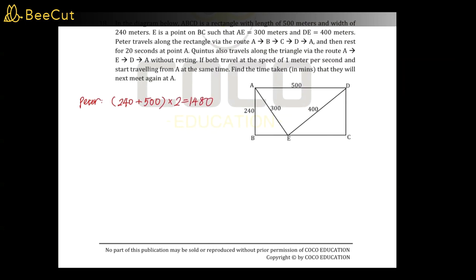Then after that, he took a 20-second rest. So 1480 plus 20. Of course, this is divided by 1 because it's 1 meter per second. This gives us the time 1480 seconds. So 1480 plus the 20 seconds to take a break is 1500 seconds.